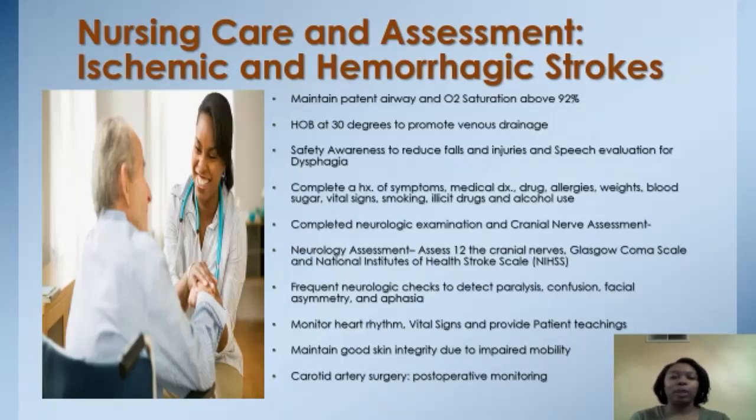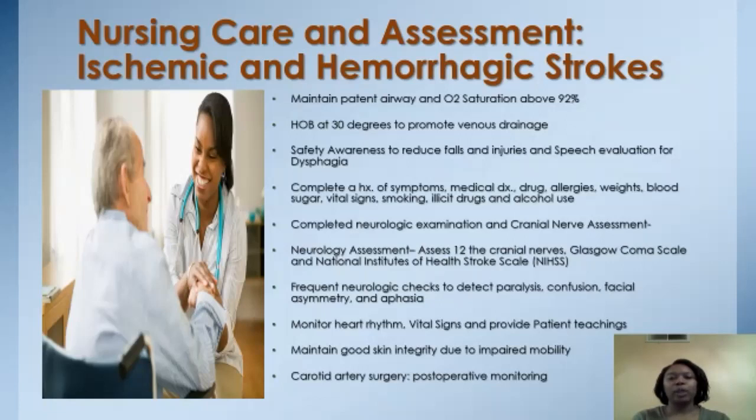We will check their blood sugar just to rule out hypoglycemia, as well as a full set of vital signs, and they will be monitored frequently. We will also interview them, asking about their history of smoking, illicit drug use, and alcohol use. This history will give us an idea of whether some modifiable risk factors have contributed to their current condition.